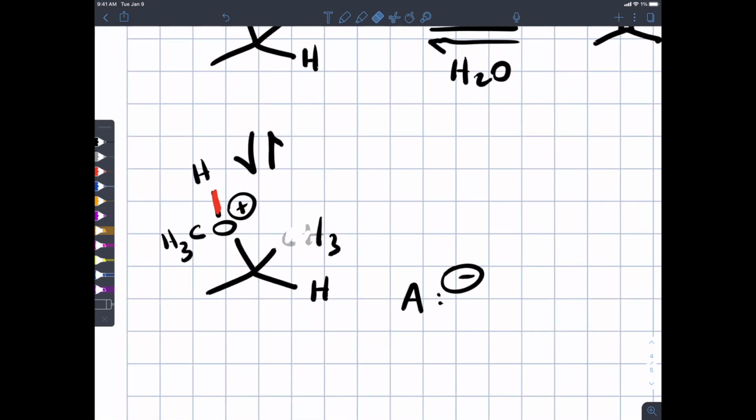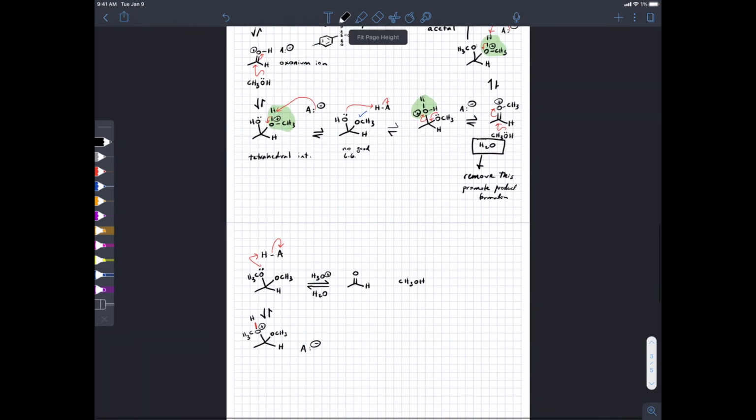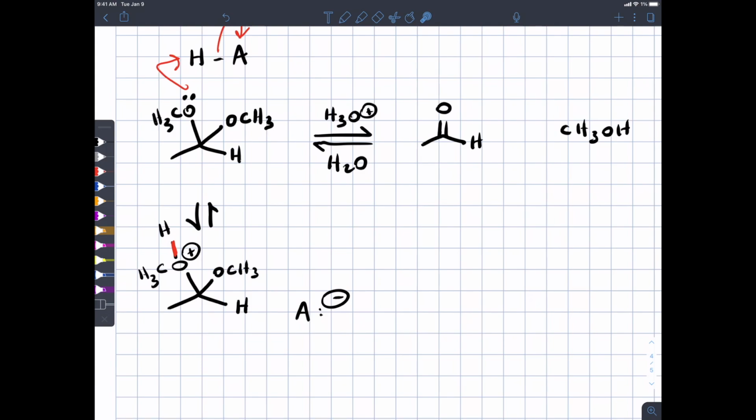Would you look at that? I am very sorry. That should have been a methoxy group. I did a poor job of copying down this intermediate. Okay, I apologize for that. Anybody want to ask any questions about my stupidity?